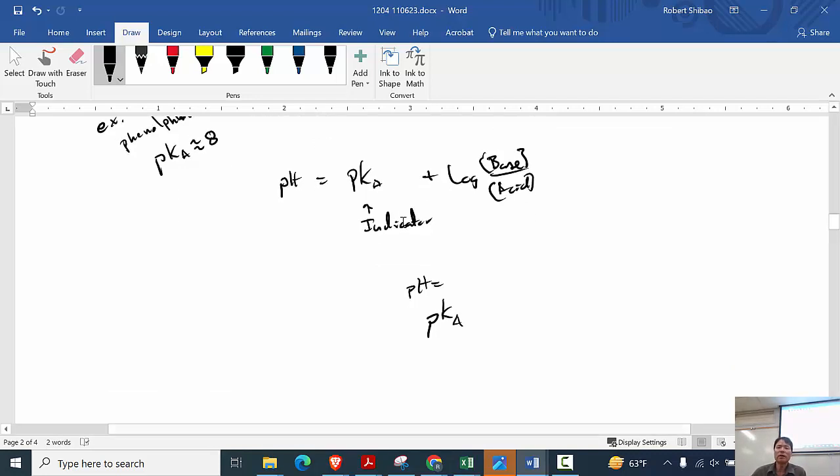So if we have a pH around 8, equal to the pKa, what's the base to acid ratio? 1 to 1. What does a 1 to 1 mixture of red and colorless look like? Pink.